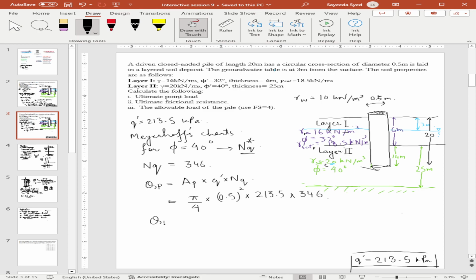So you see our QF, we take it as the area for the friction angle into our F. The problem with this is that the area will be perimeter into length.